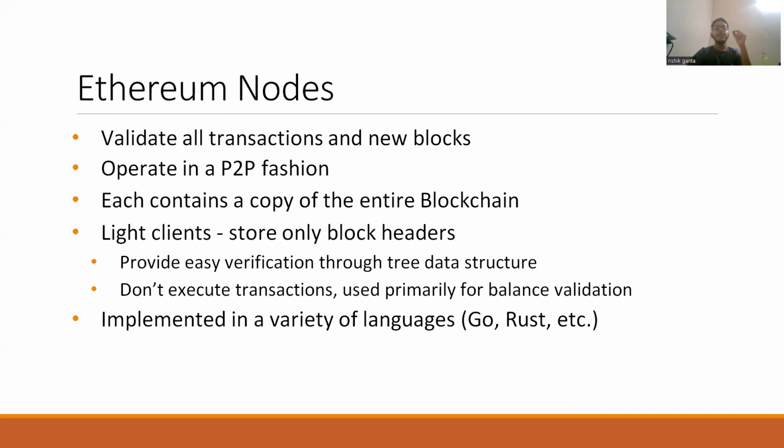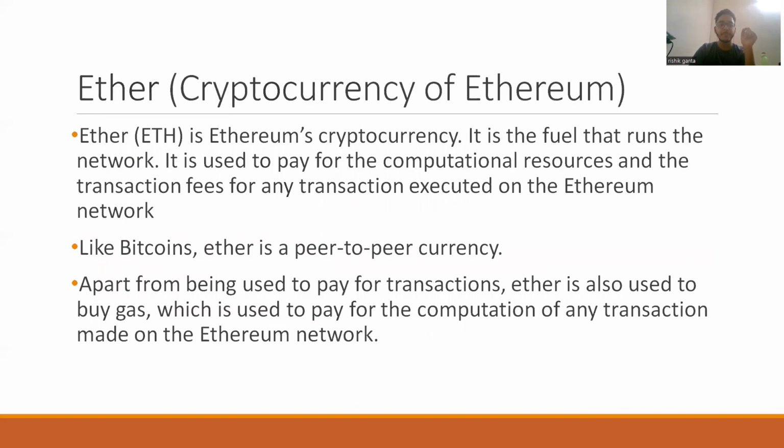These light clients provide for easy verification through tree data structure. They don't execute transactions and are used primarily for validating balance. Nodes can be implemented in a variety of languages like Go, Rust, etc.